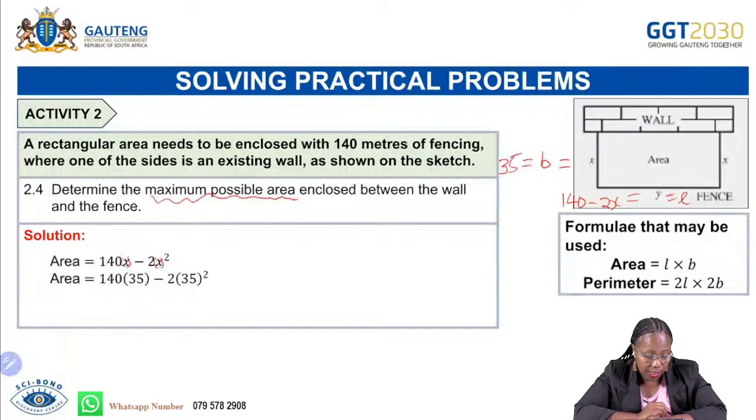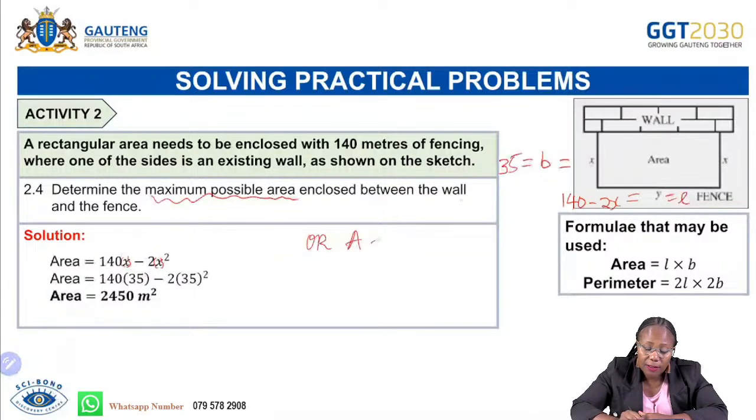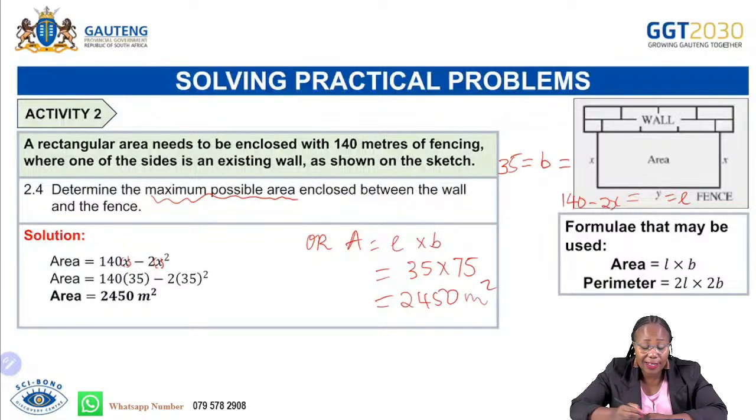And then this will take us to the answer that is giving us an area of 2,450 square meters. Or alternatively, grade 12, you can take length by breadth, of which will be the 35 times the 70 of your length there. And then this is 2450 square meters. It will give you exactly the same answer there.